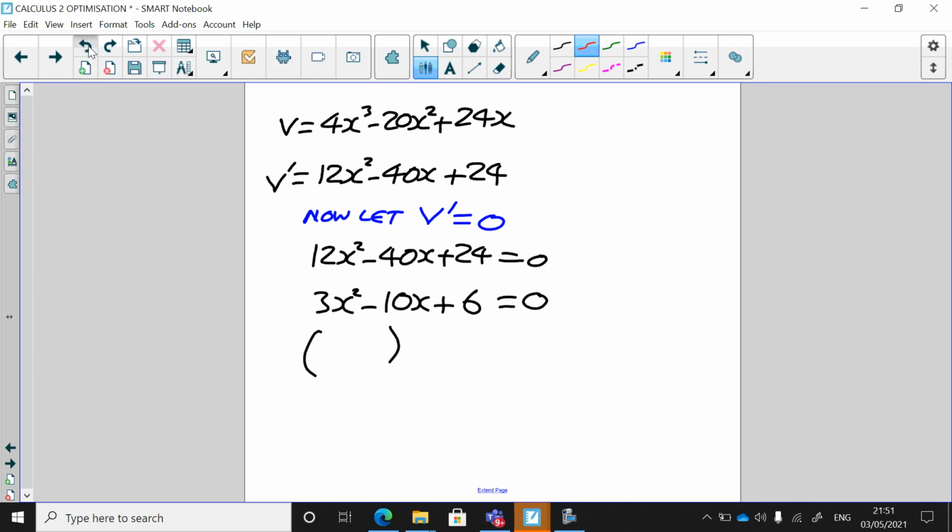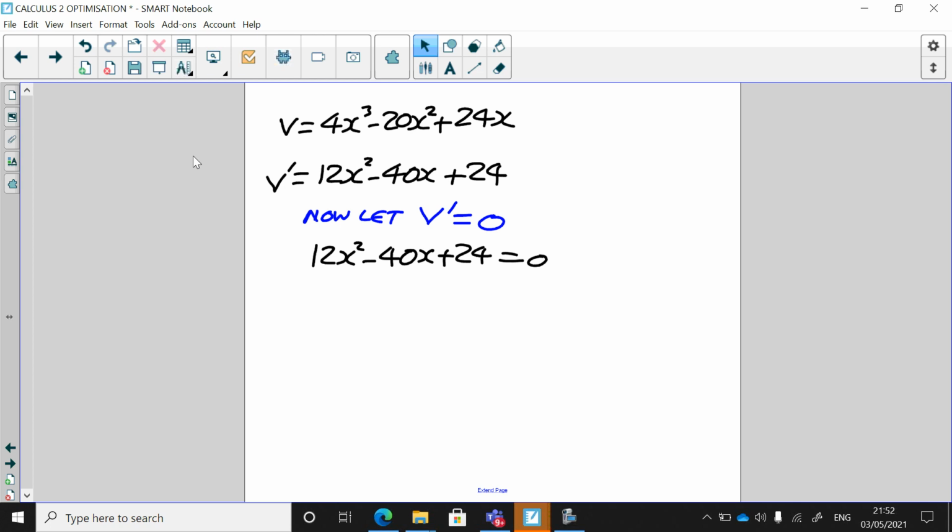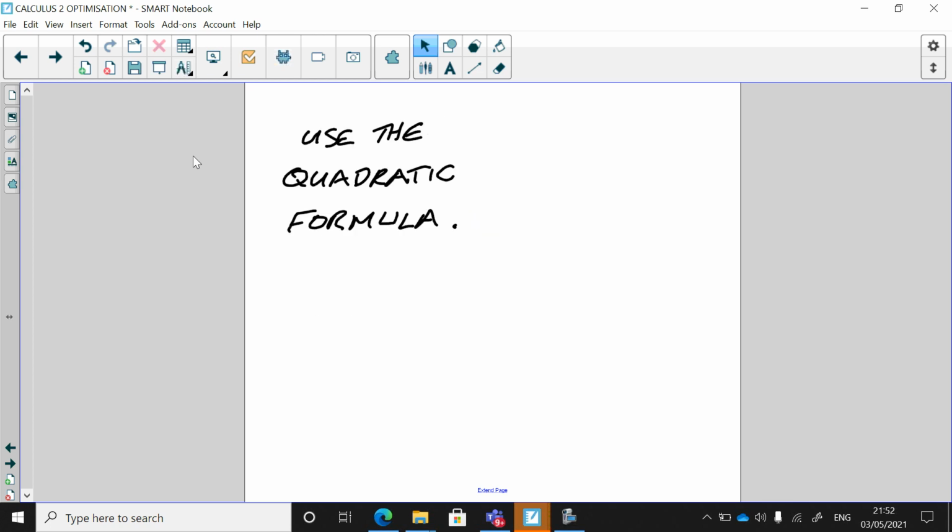So if that's not the case, then I could get involved with completing the square or something. But I think I would just use the quadratic formula. I think I'm just going to use the quadratic formula. Yep, there we go.